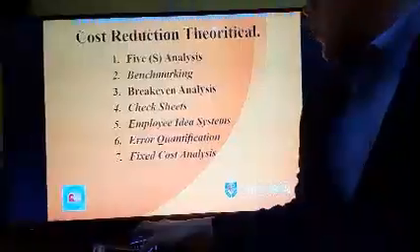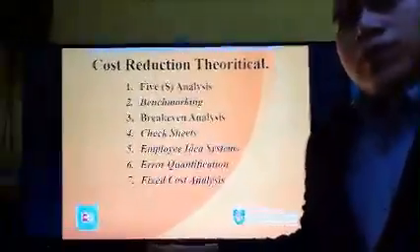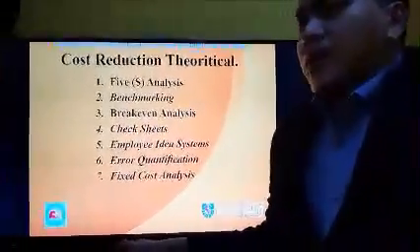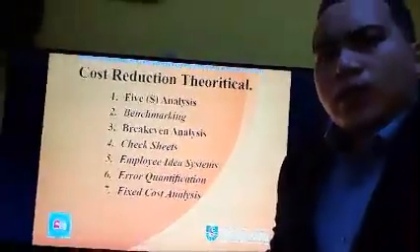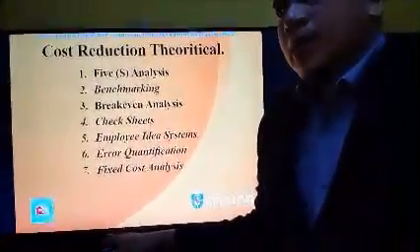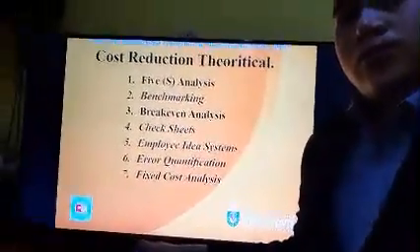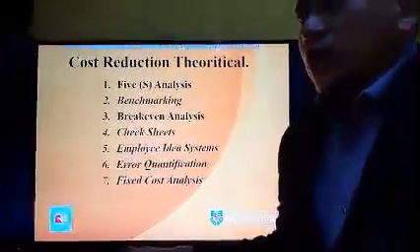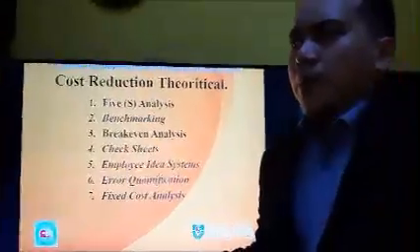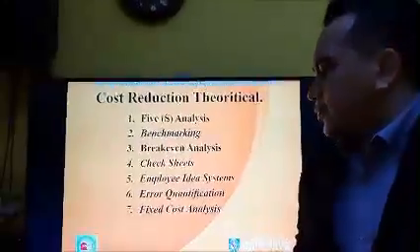The sixth, error quantification. It is important to get zero errors that would cause problems for the company and the production. So if the production gets zero errors, the production will run smoothly and the company will also get the best achievement.